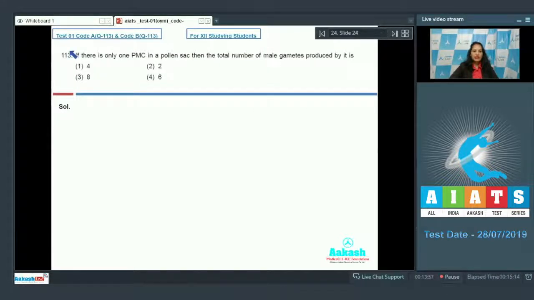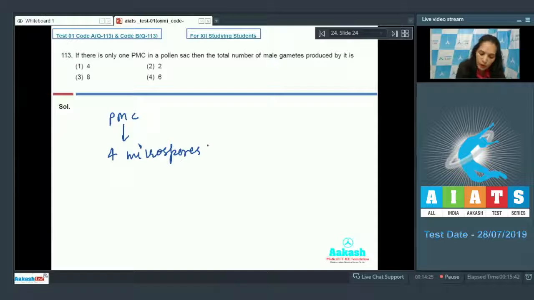Question number 113. If there is only one PMC, or pollen mother cell, in a pollen sac, then the total number of male gametes produced by it is. See, one PMC forms 4 microspores, and each microspore forms one pollen grain. It means 4 microspores, or we can write here 4 pollen grains.